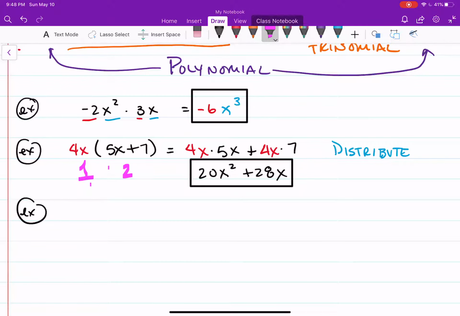And 1 times 2 would give me 2 terms left. Monomial times monomial gives me a monomial. 1 times 1 is equal to 1, so that's not too bad. So my question is, if I do a binomial times a trinomial, how many terms should I get? That's right, 6. So let's take a look at what that looks like.